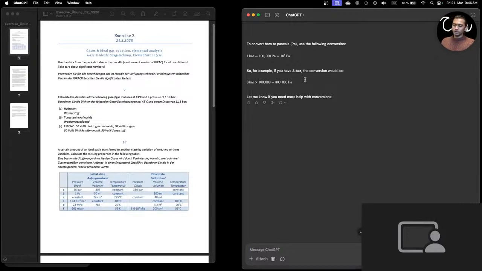The answer can be written as 4.4 bar or 4.4 into 10 raised to 5 Pascal.